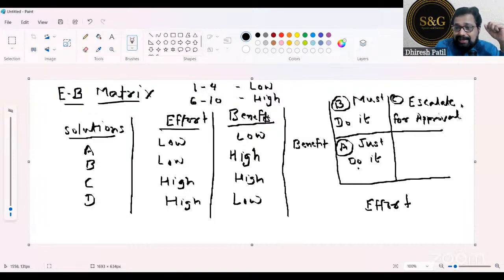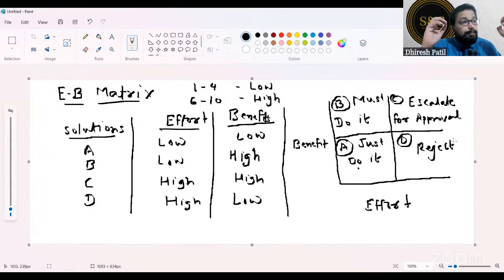And the D criteria, where high effort, but the benefits are very low. So in the D criteria here, it is high effort and low benefit. Those are the solutions we have to drop or reject because they are high effort and low benefit.